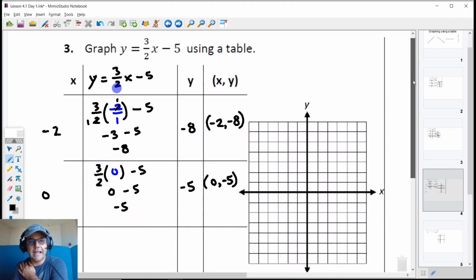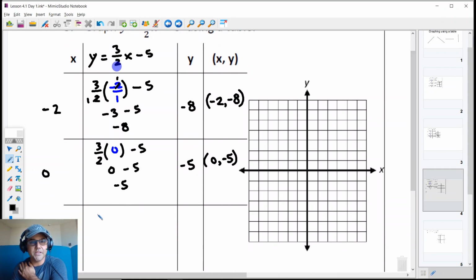All right, last one on this specific equation, 3/2 multiplied by, again, my x value is +2, so I'm just going to go ahead and write a 2/1. Allows me to do some beautiful cross-canceling. 3 times 1 is 3, subtract 5.